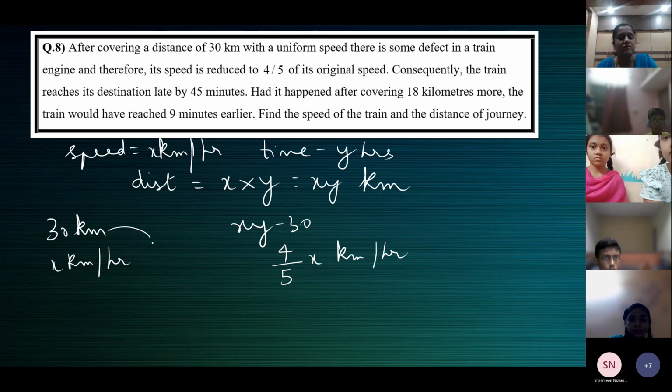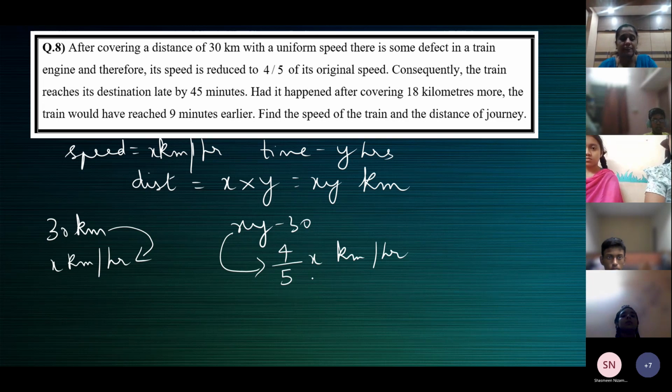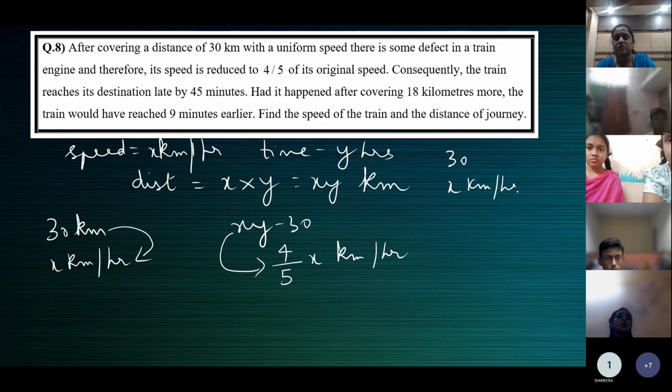The first 30 kilometers, speed x kilometers per hour. The remaining xy minus 30 kilometers, speed 4 by 5x kilometers per hour.